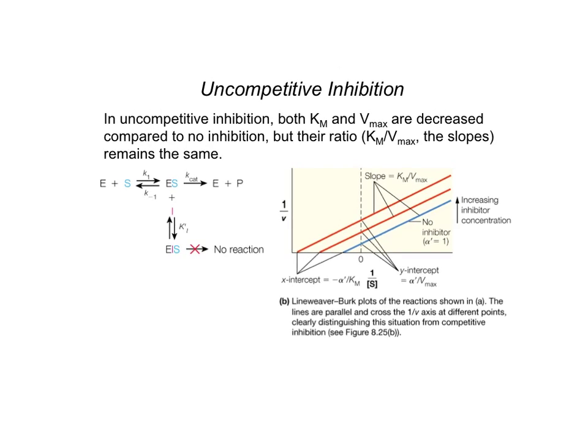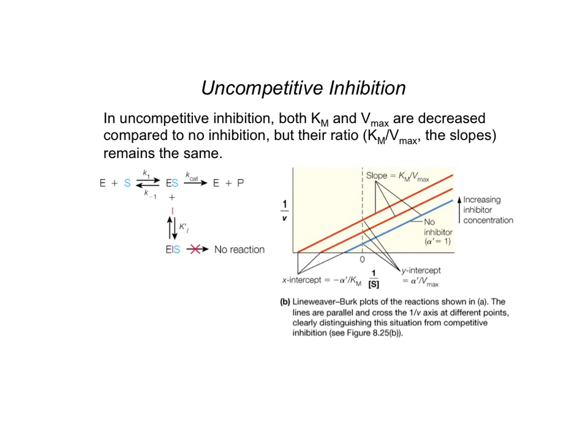Okay, so how does uncompetitive inhibition manifest itself with respect to our enzyme kinetics? What we're going to see in uncompetitive inhibition is that the Michaelis-Menten equation turns into a Vmax apparent that is decreased by this factor alpha. And we get our Km apparent, which is also decreased by the exact same factor alpha.